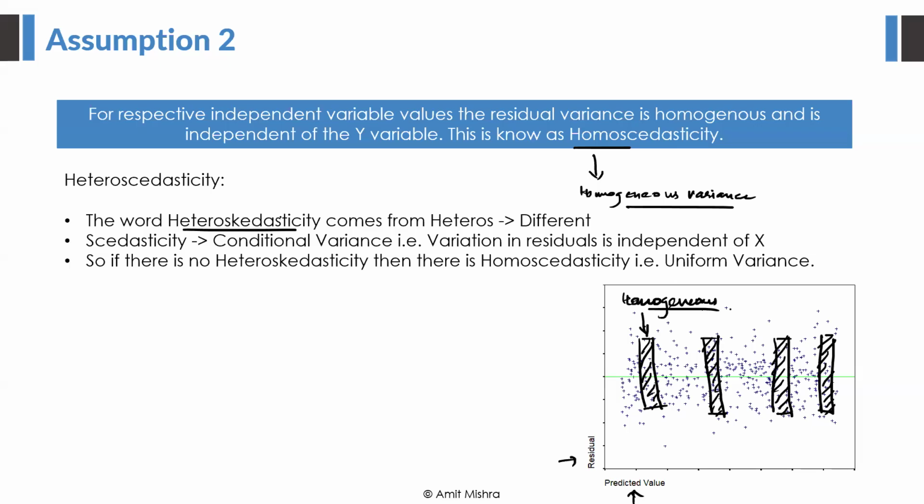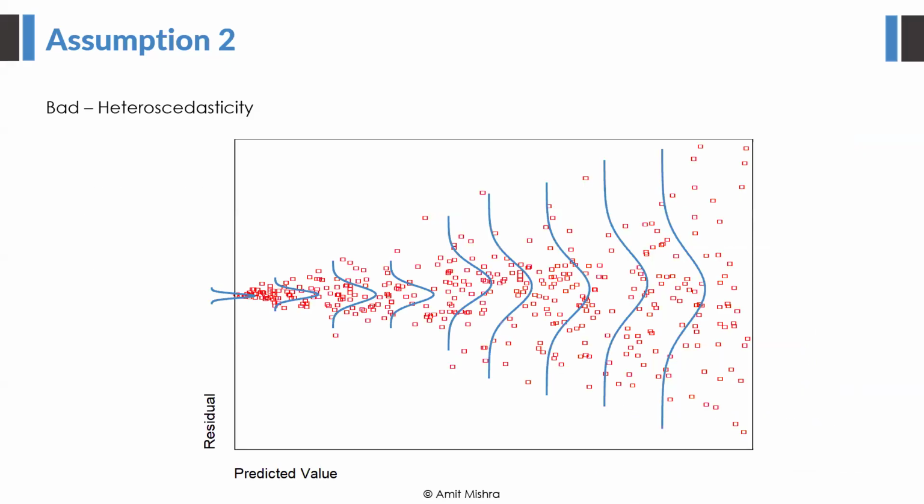So, if it fails to follow this, the plot between actual value and residual does not scatter itself in such a way that it shows equal variance. Rather, it shows something like this: unequal variance. Here the data has less spread, so your variance or standard deviation will be less. Whereas in this case, the spread is high, so the variance will be higher.